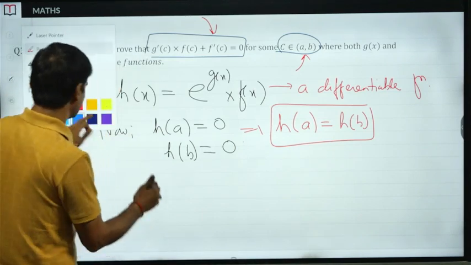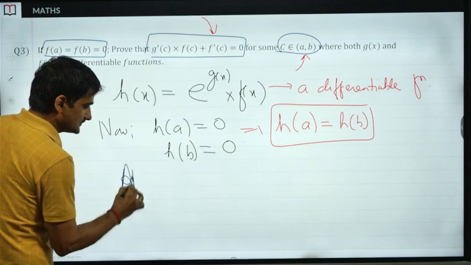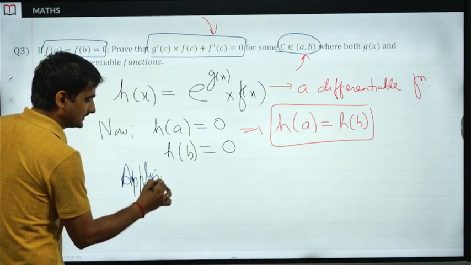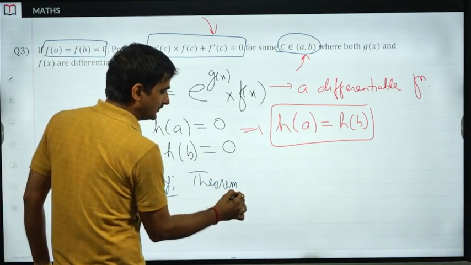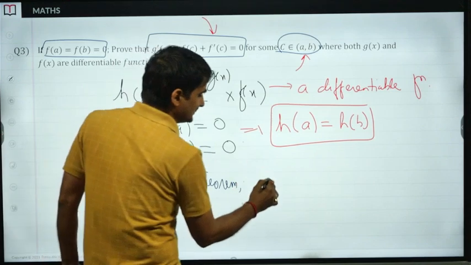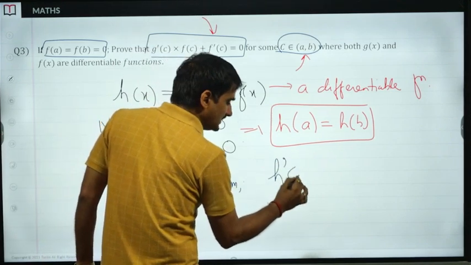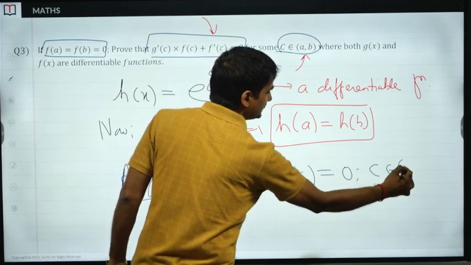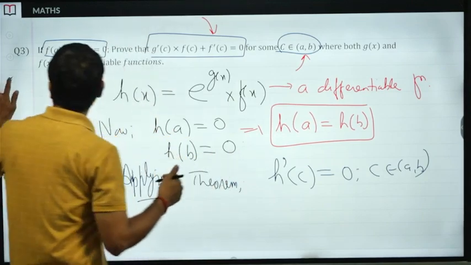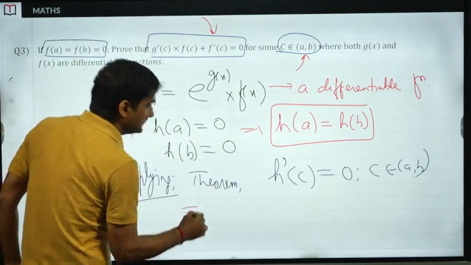Applying Rolle's theorem here, what do we get? There will be some c such that h dash c is equal to 0 for some c in the interval a to b. Now what do we get when we differentiate it?